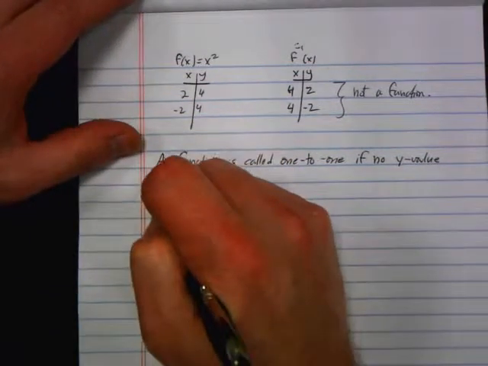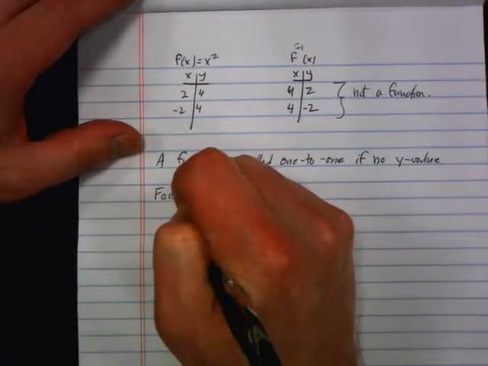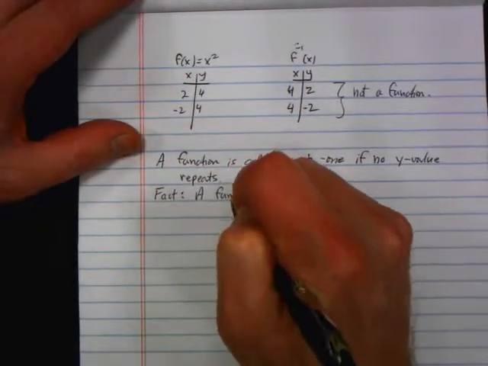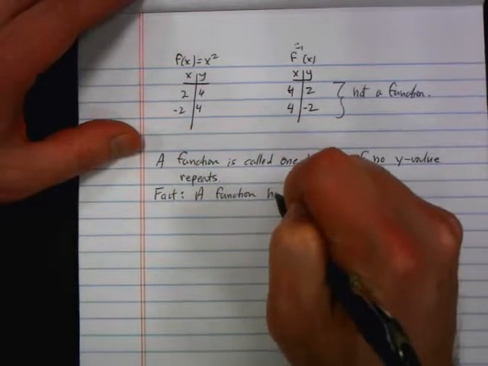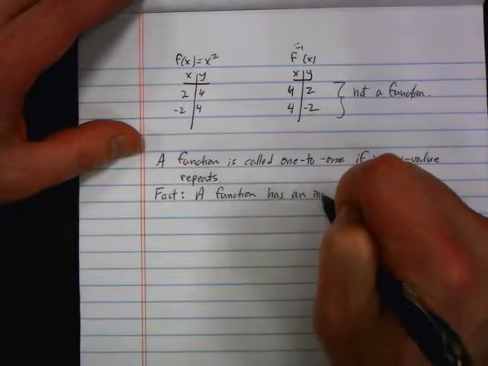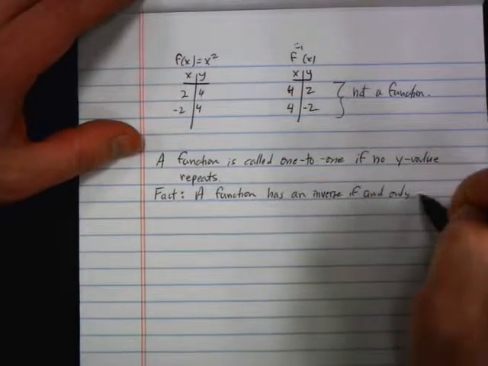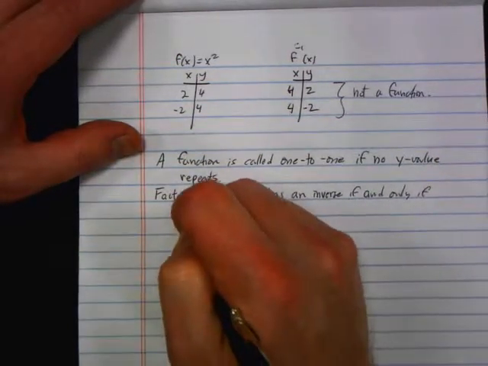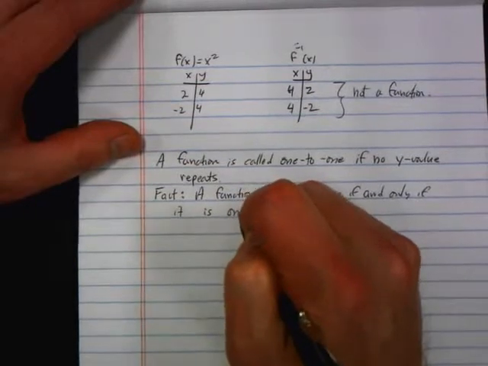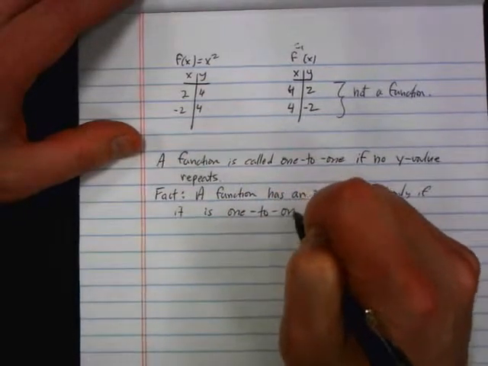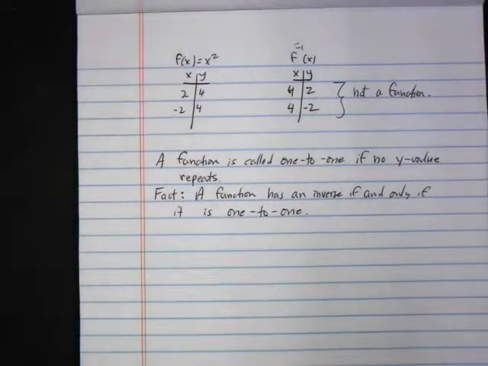And then a fact that we just kind of proved: a function has an inverse if and only if it is one-to-one. Questions about that?